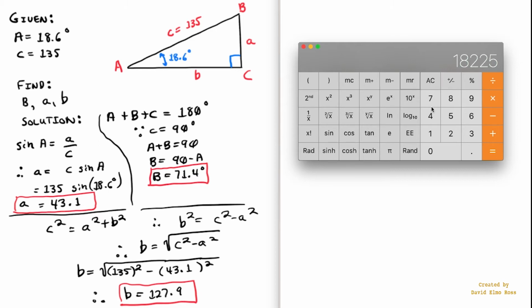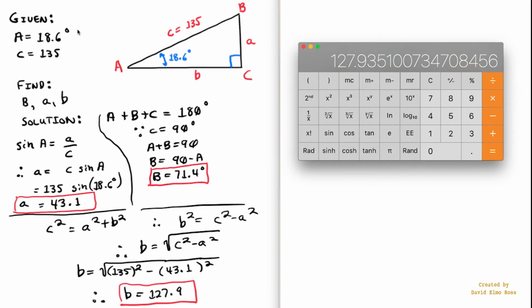Let's clear, and let's subtract a squared. So a we found out is 43.1, so 43.1 squared, and let's subtract that from memory and do a memory recall. If we now do the square root of that, we do get indeed that our final side here, b, is 127.9.